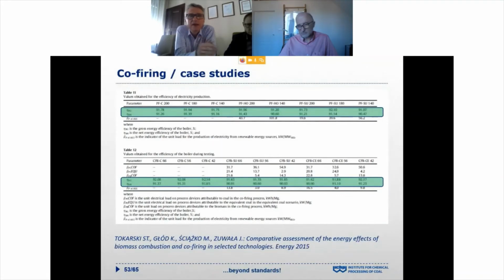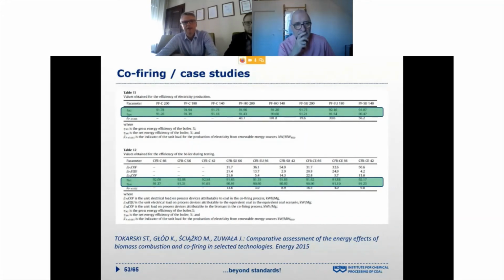It was the scenario when the straw was just cut from the big bale, and it was blown inside the combustion chamber. So in this case, the efficiency was, I would say, the lowest.